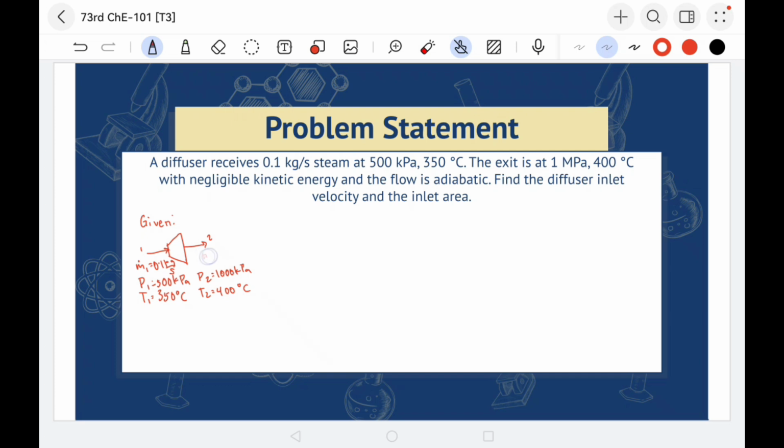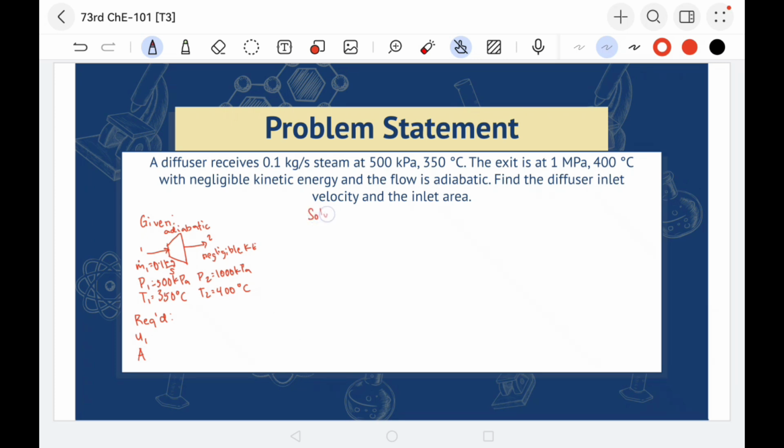Let's note that it is negligible kinetic energy and the system is adiabatic, so Q will also be 0. For our required, let us denote U1 as the inlet velocity, and the inlet area as A.